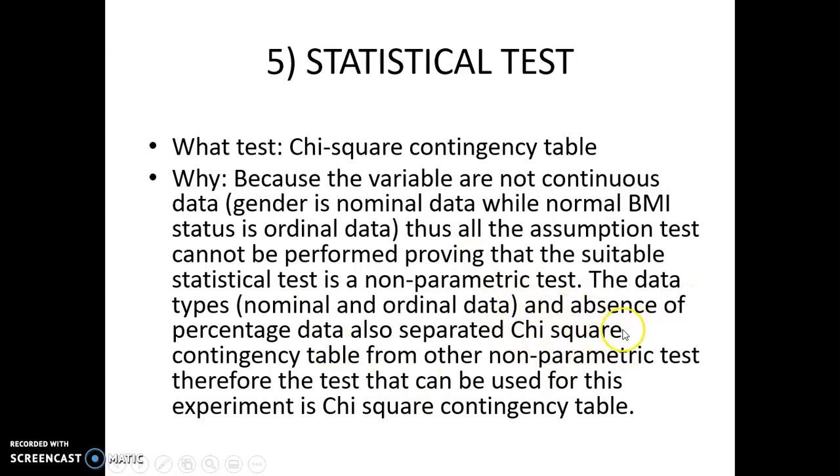The chi-square test has the goodness of fit test and the contingency table test. So we look at the presence of percentage data. The chi-square goodness of fit test provides percentage data. In this question, the percentage data is not included. So the suitable one would be the chi-square contingency table.